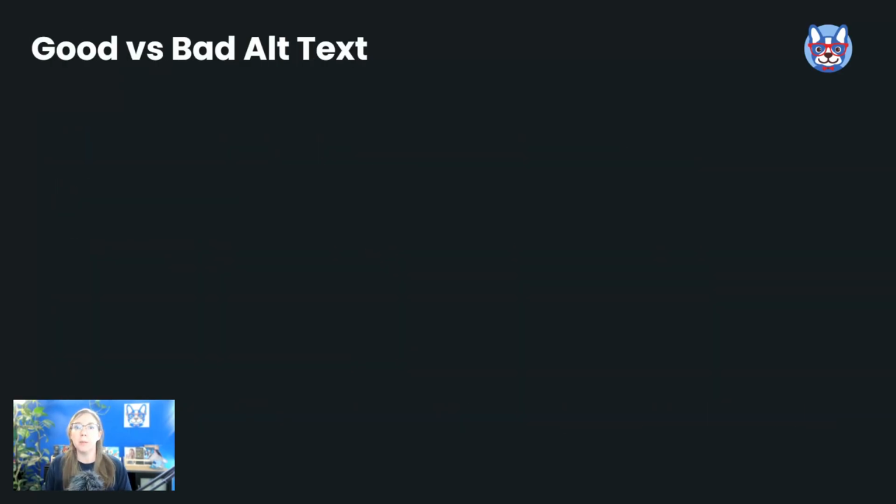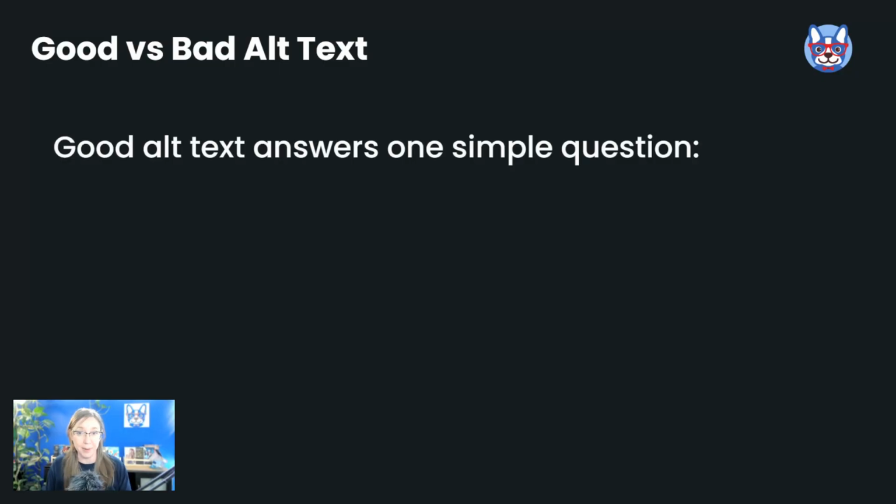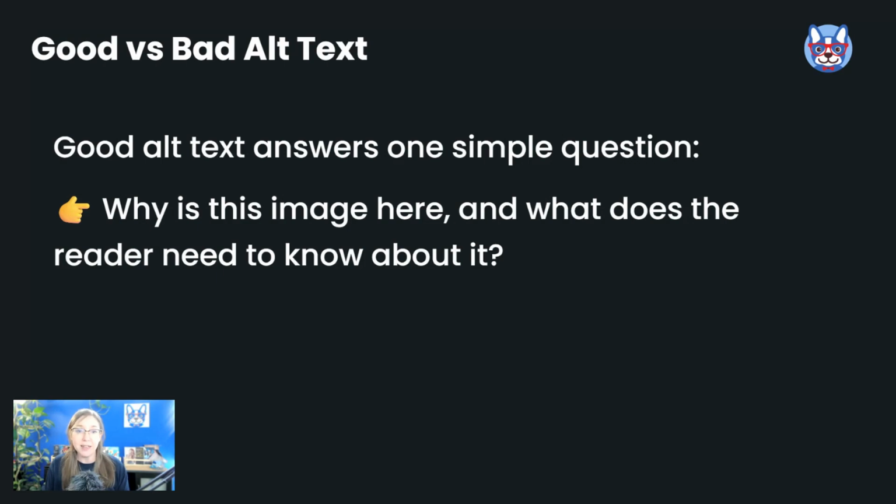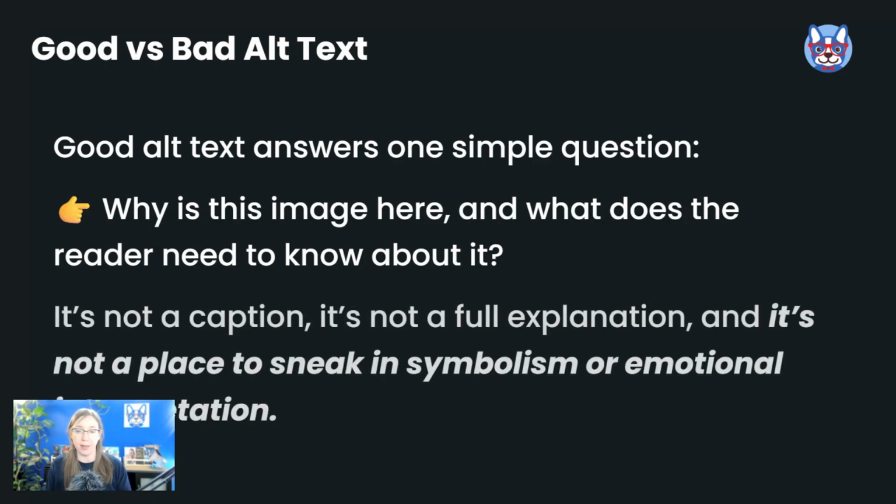So let's look at some good versus bad alt text. Now, these are, of course, the extreme words, but basically to give you an idea, good alt text is always going to answer just one very simple question. Why is the image here, and what does the reader need to know about it? We are not talking about a caption.